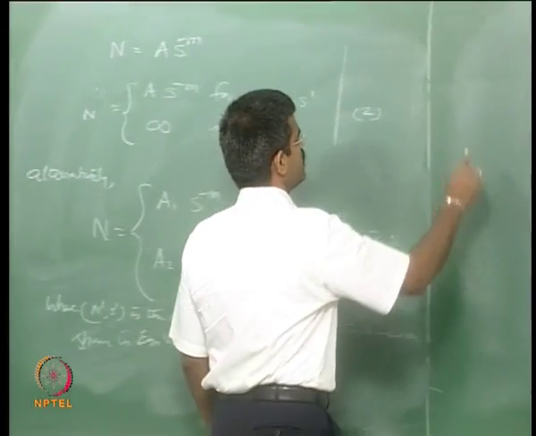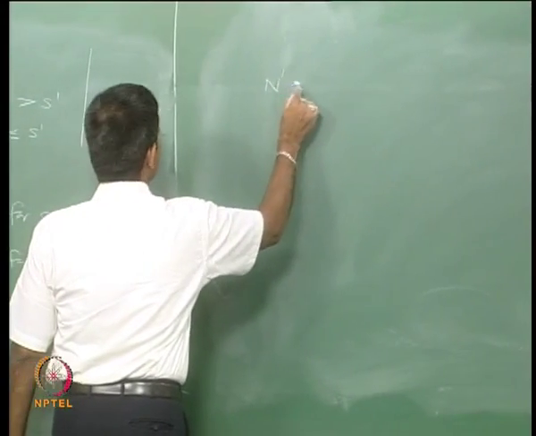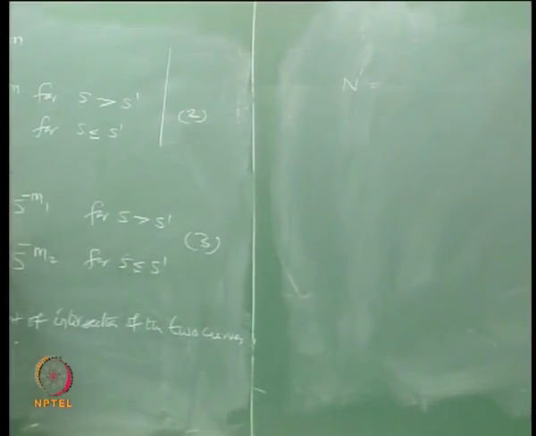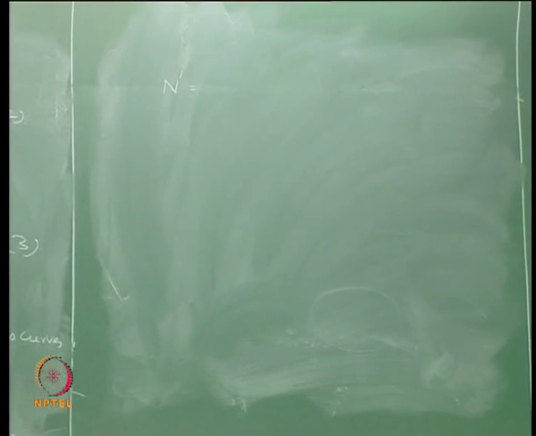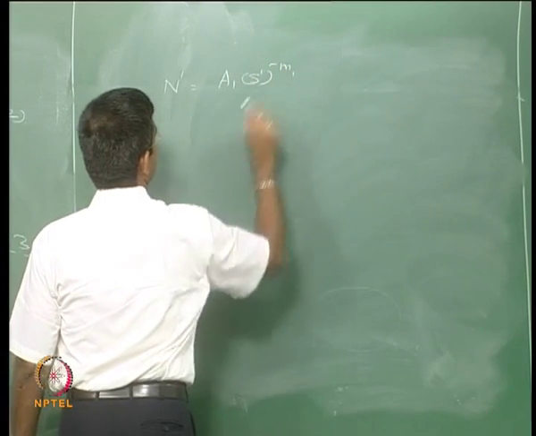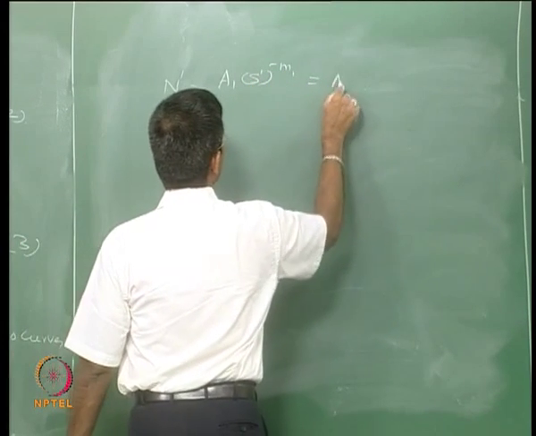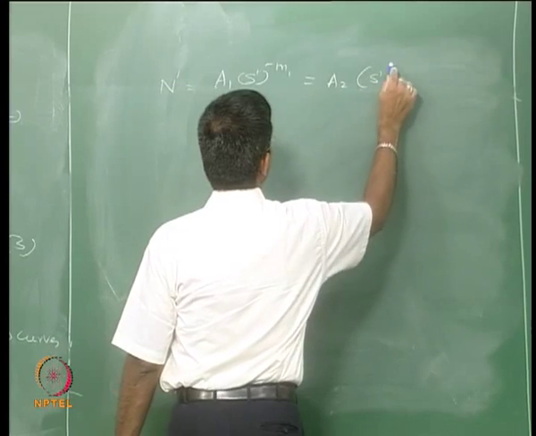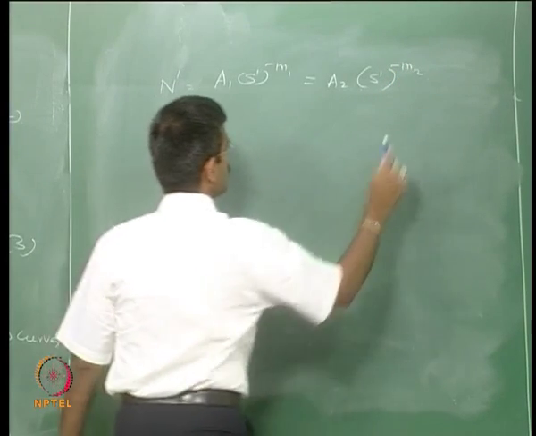We can also write N dash as A1 S dash minus m1, which is also equal to A2 S dash minus m2.